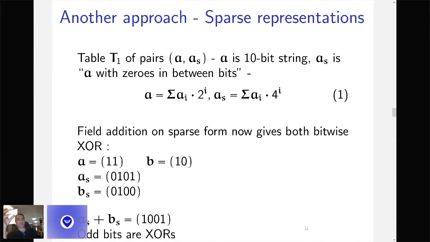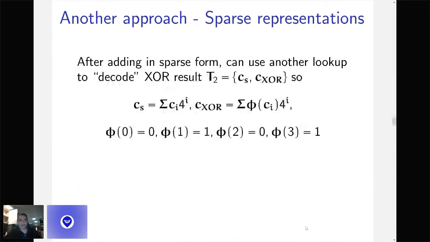So that's the idea. But now, of course, I need 2 tables. I need a table to go to the sparse representation, but to actually get the bitwise XOR in the final form, I'm going to need to extract the values. So how does this work exactly? My second table.